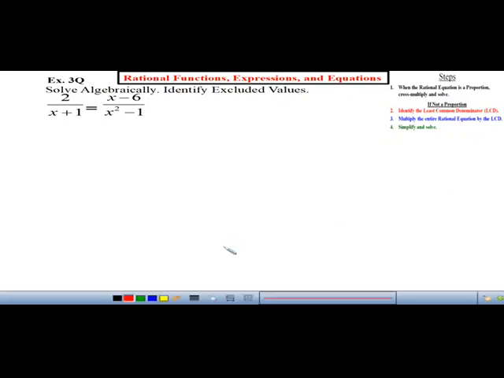You have to cross multiply. Who saw that we cross multiply? Yes, correct, we have a proportion. So I multiply this times this: 2 times x squared minus 2. Then I multiply this times this, which equals x squared minus 5x minus 6.